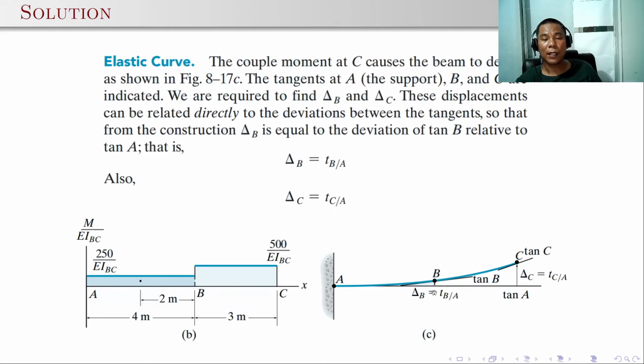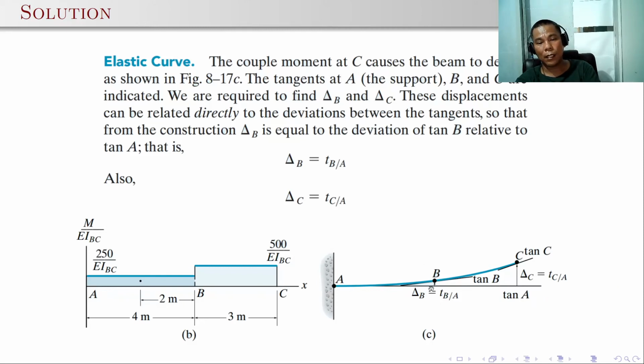Or here, you can just directly determine the tangential deviation of point B with respect to a tangent drawn at A. So that's t B over A. Also at point C, if you draw a tangent line at point C, the distance between point C with respect to the tangent line drawn from A is equal to the deflection delta C, or the tangential deviation of point C with respect to the tangent drawn at A. Again, this is only the special case where you can just directly use the tangential deviation to compute the deflection, because this is a cantilever. But for other beams, you cannot just directly use this.